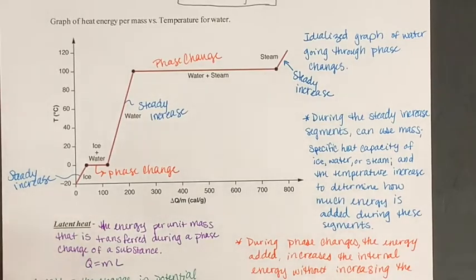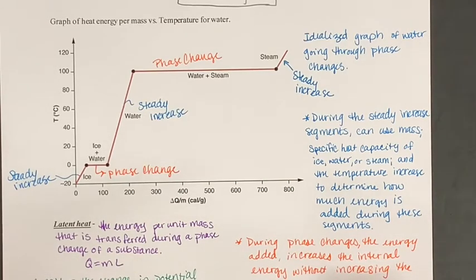So they're just rearranging their form. The kinetic energy of their particles is staying the same. So potential energy is increasing, but kinetic energy is staying the same during phase changes.